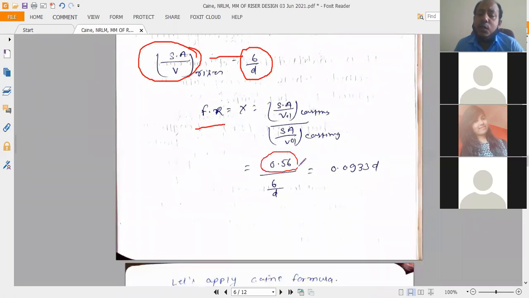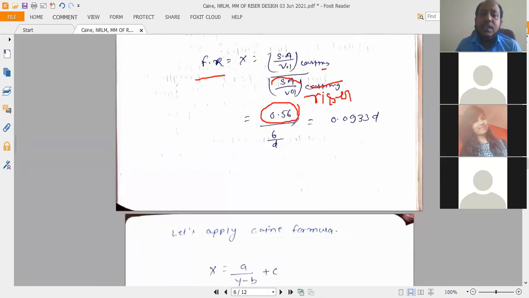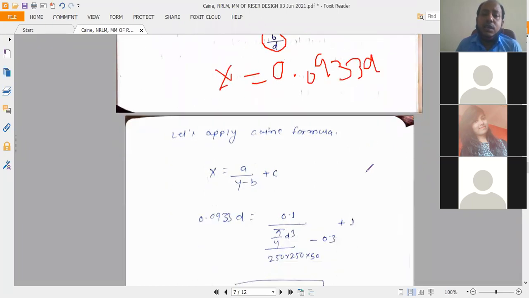I have calculated it as 0.56, because finding the volume and surface area of the casting is easy, as it is a geometrical shape and we know all the dimensions. The upper one is the casting, and the lower one is the riser, sorry. The cooling characteristic of the riser is 6 by d. So the freezing ratio is known, it is 0.9, and allowing for some calculation mistake, 0.933 d. So d is the unknown term.